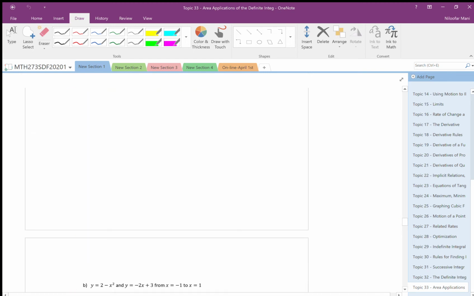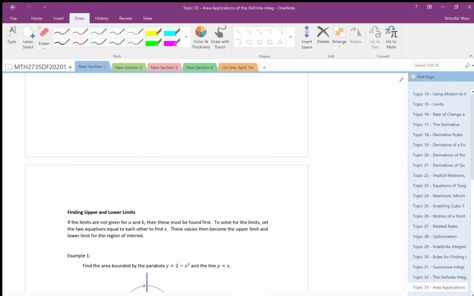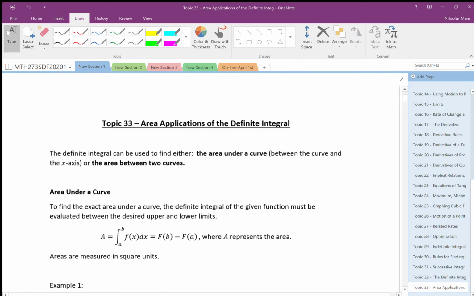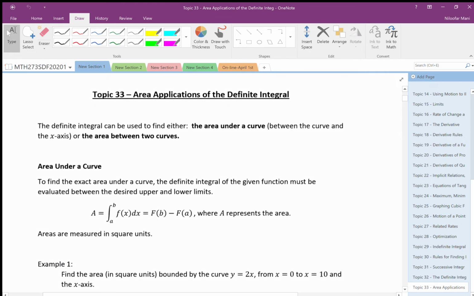Topic 33 gives you the area. I told you we find the derivative because of the slope of the tangent line, and we find the integral because of the area under the curve.